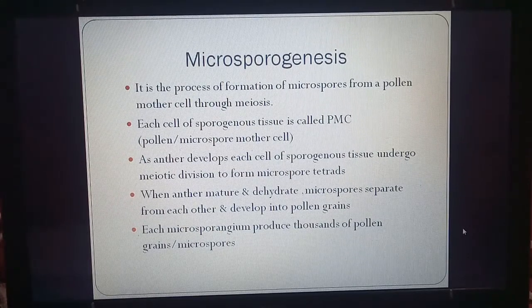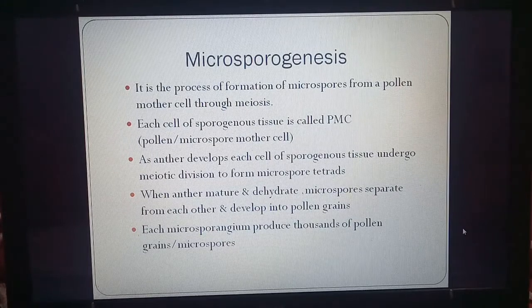Since pollen are small, they are called microspores. As the anther develops, each cell of sporogenous tissue undergoes meiotic division.